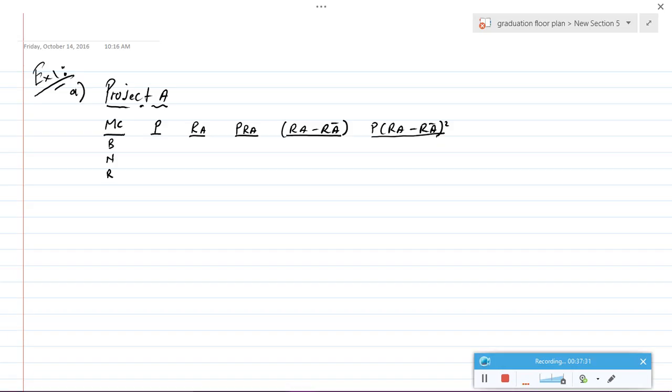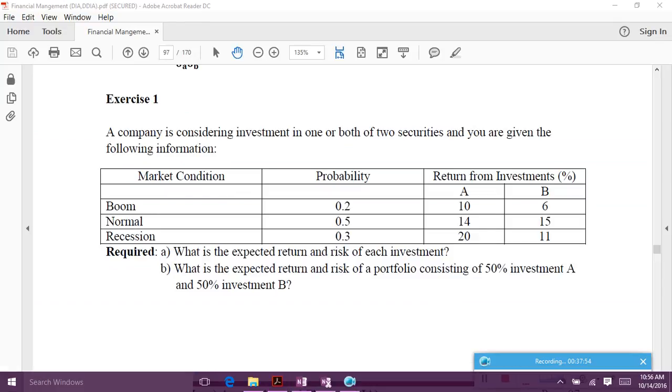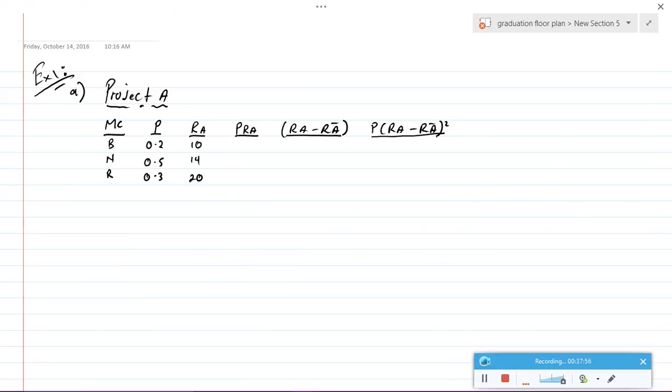Now this working is actually for covariance later, so we need that. Next, RA minus RA mean we already calculated, am I right? Power of 2. When you power of 2, a negative becomes positive, so just ignore the negative.